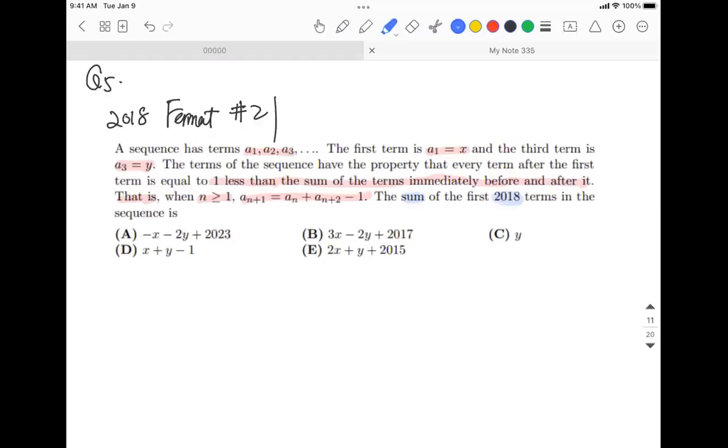Think about it. What is the pattern? Either way, if you figure that out, you're one step closer to the solution.